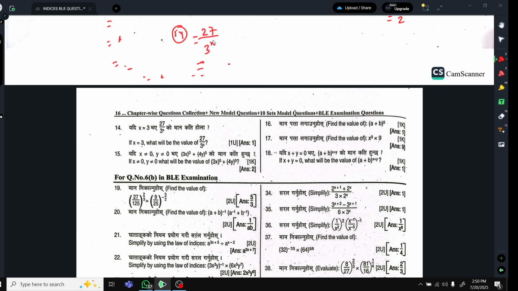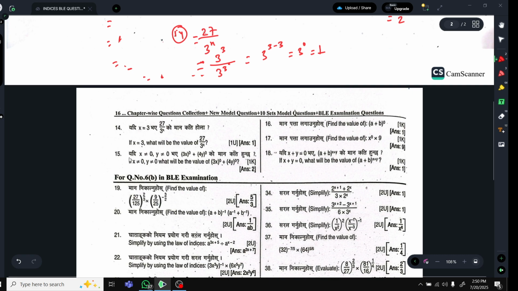We can factorize 27 to its power of 3 form, and 3 to the power x, the value of x is given, what is it? 3. Both of them have the same base and division form, that is why their powers will be subtracted. 3 to the power 3 minus 3 will be 3 to the power 0, and the answer will come 1.